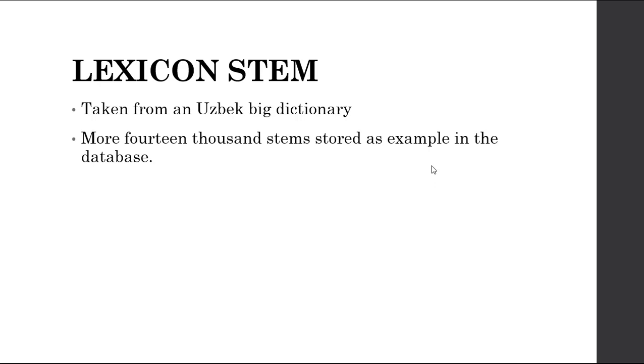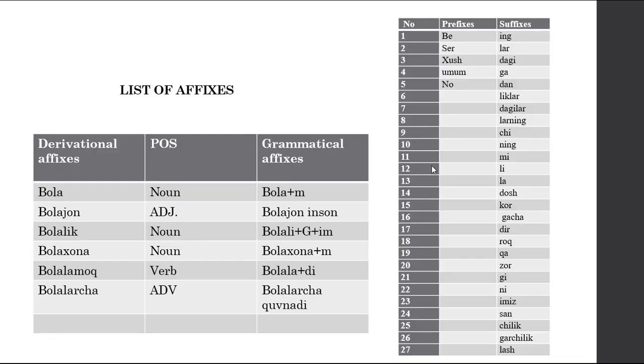Okay, we have prepared our lexicon using an Uzbek dictionary. We have more than 14,000 stem words stored in the database, and we have a list of affixes defined in the Uzbek stemmer.